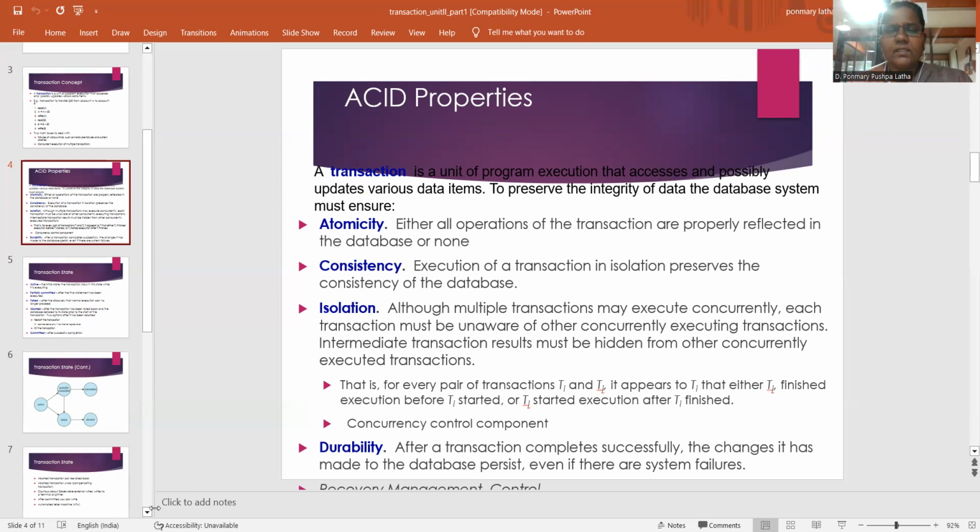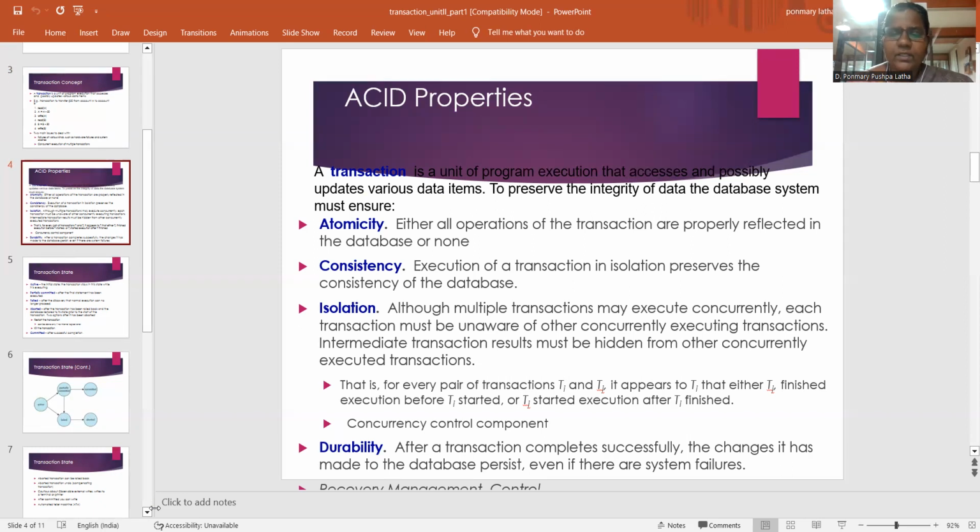Then consistency. The consistency of the database has to be maintained. If I just paid the amount, and tomorrow the system says I didn't pay the amount, then I'll be in trouble. So the consistency has to be maintained.